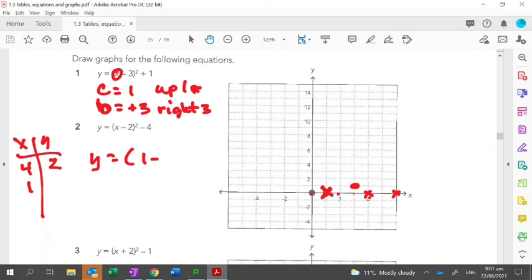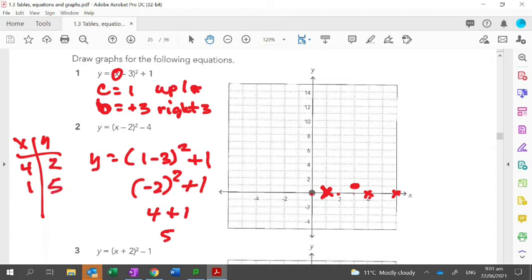Y equals 1 minus 3 quantity squared plus 1. 1 minus 3 is negative 2 squared, which gives us 4 plus 1, which is 5. So that's positive 1, positive 5, which is up there. Now that's telling us a little more about our parabola. It's telling you that it's opening pretty wide, isn't it?